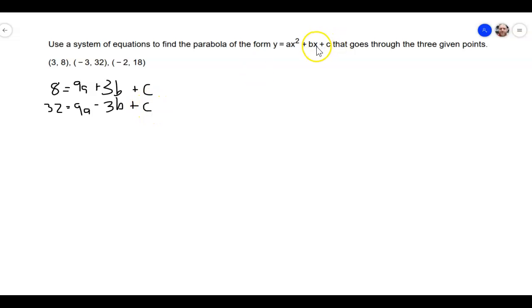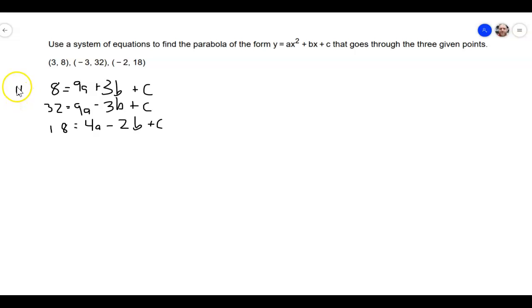So I've replaced the x here with that negative 3. And then the last one is 18 is equal to 4a, since that's negative 2 squared, minus 2b plus c.